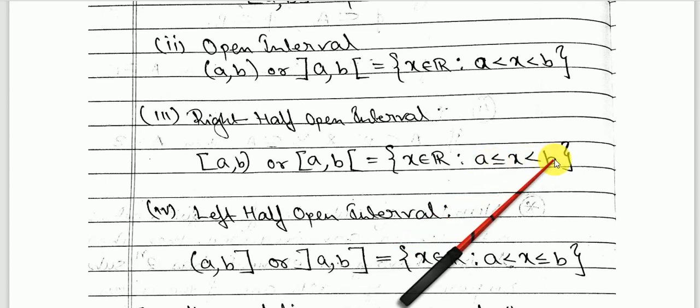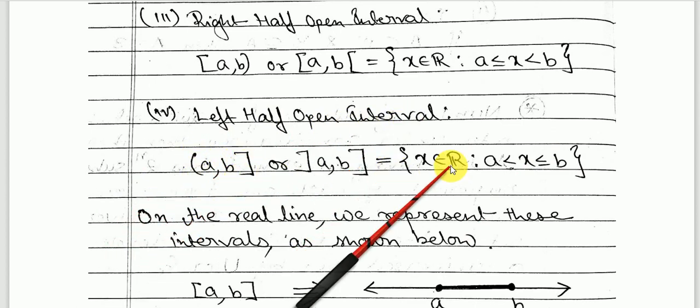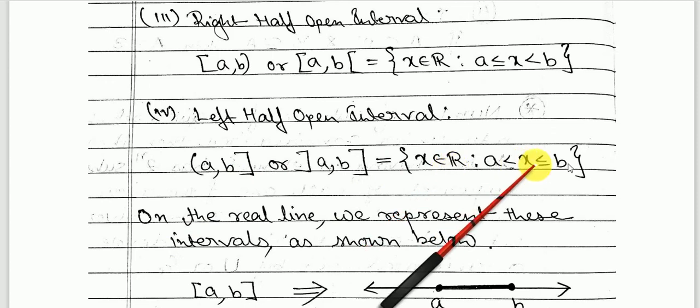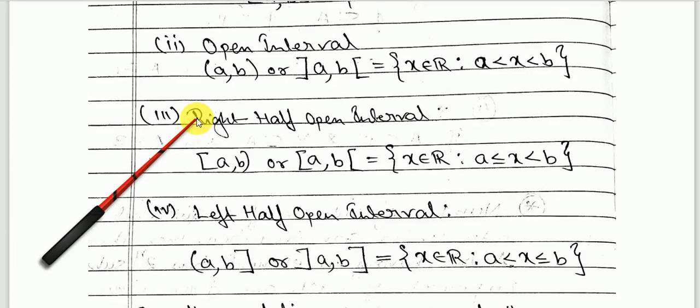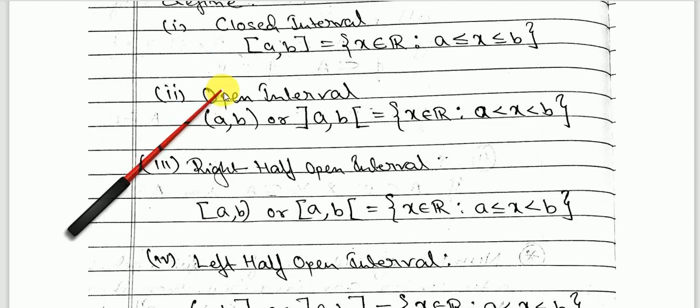Left half open interval means on the left it is open, on the right it is closed. So this will contain all real numbers lying between a and b, where a is excluded and b is included.